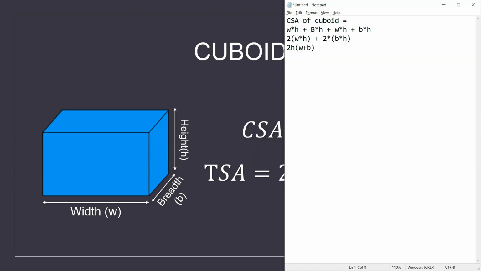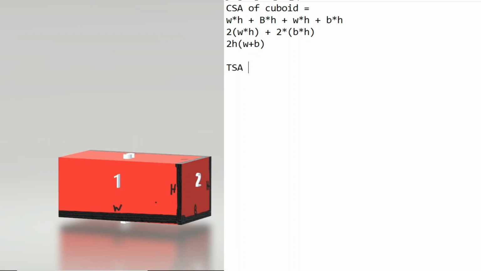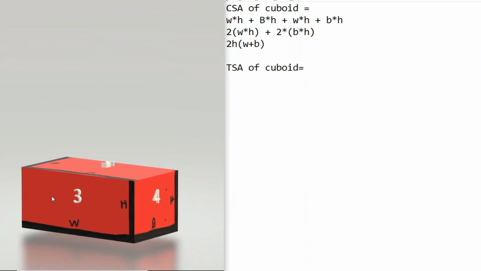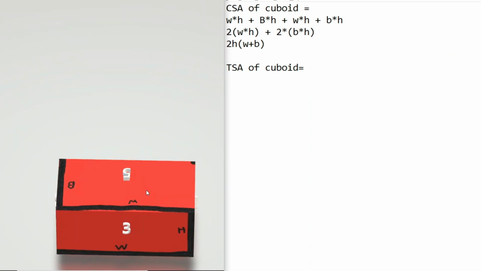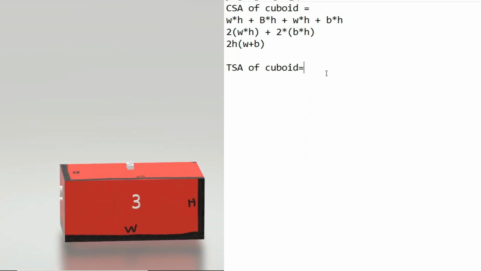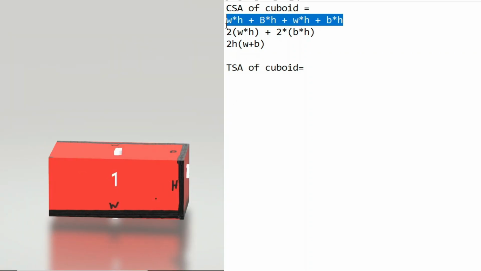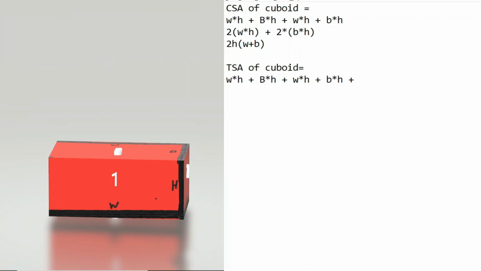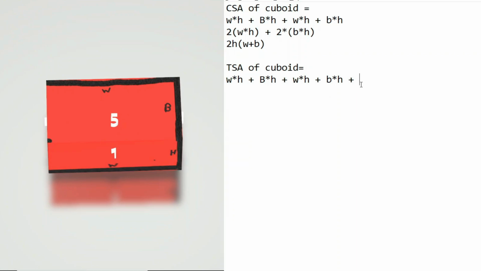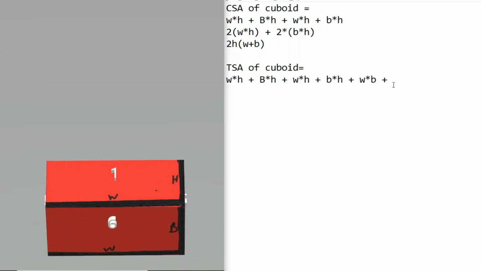Okay. Talking about the total surface area of a cuboid, we will take into consideration all the 6 sides, right? This first, second, third, fourth, fifth and sixth. So we already have the curved surface area of these 4 surfaces, so we will copy that, then we will add this 5th one, that is width into breadth, plus width into breadth again.